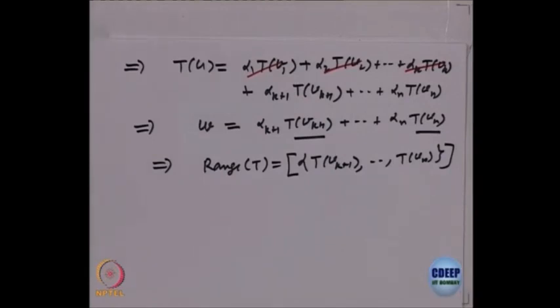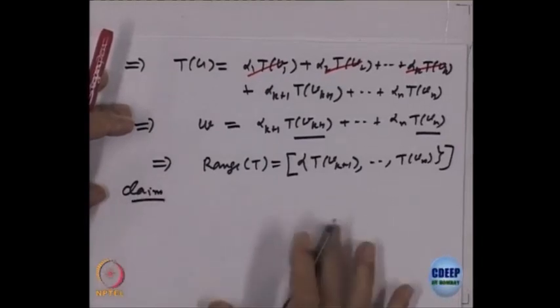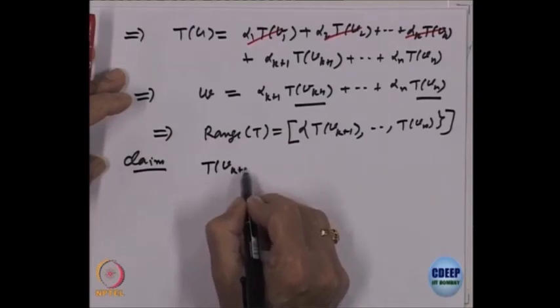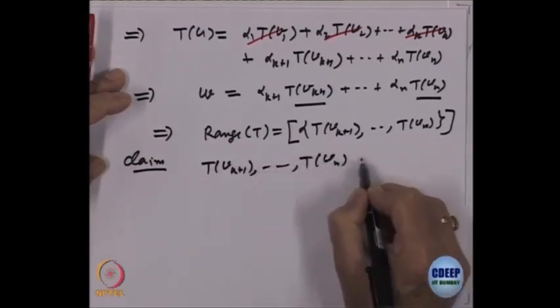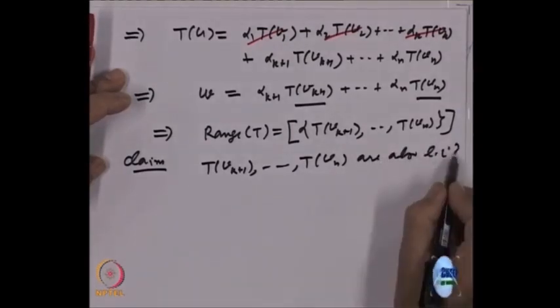Prove it is linearly independent, right. So, the claim is that T of V k plus 1 to T of V n are also linearly independent. So, let us check that.